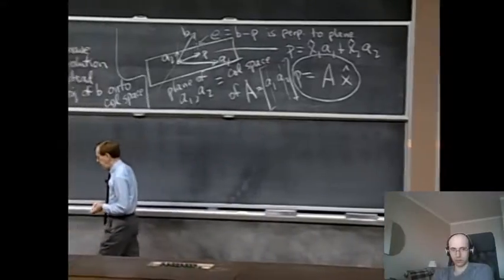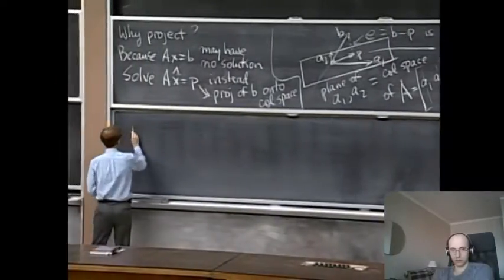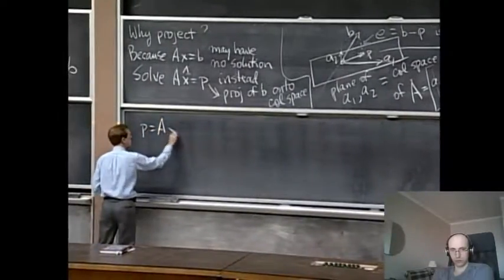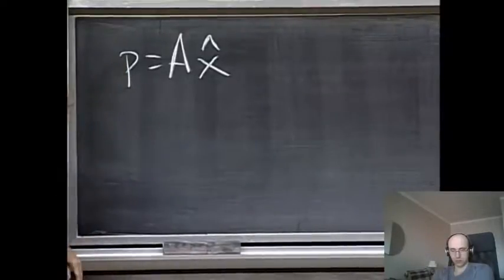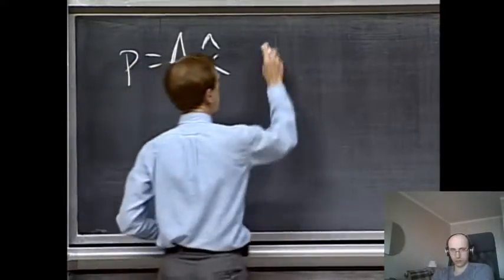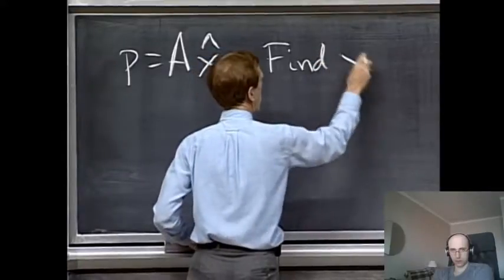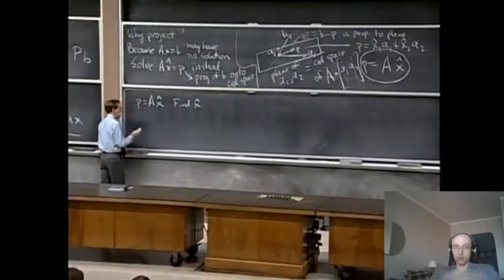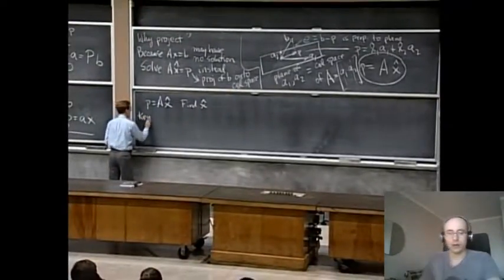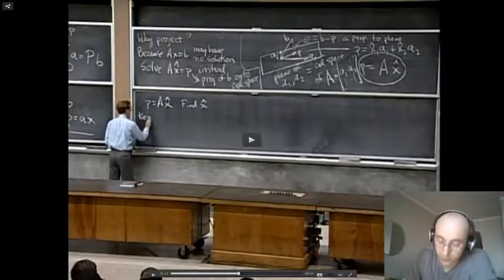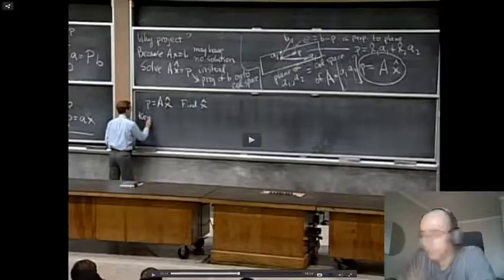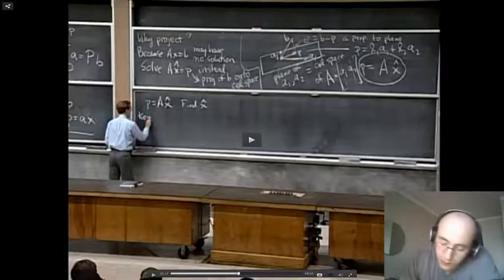So I'll write again the main point. The projection is A x hat, and our problem is to find x hat. The key is, what we need to find is the coefficients of this linear combination. So basically, how to get B from the basis of this plane.